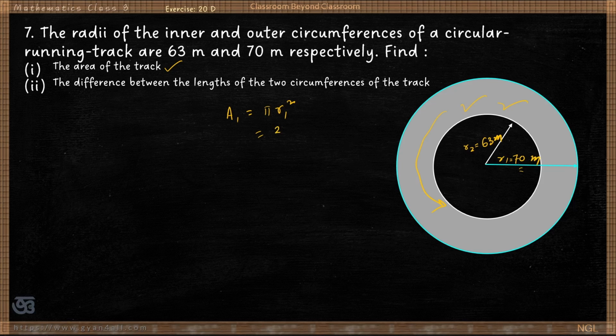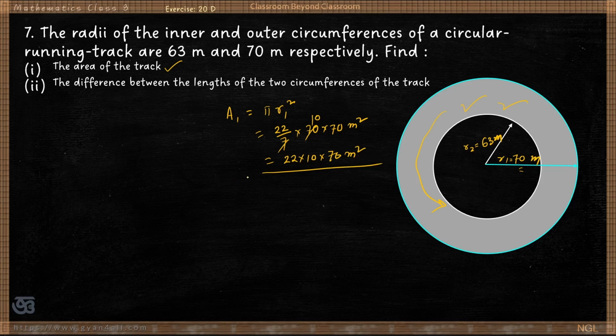So you put 22 divided by 7 into r1, that is 70 multiplied by 70, so this is meter square. So 7 tens are 70, that is equal to 22 multiplied by 10 multiplied by 70 meter square.